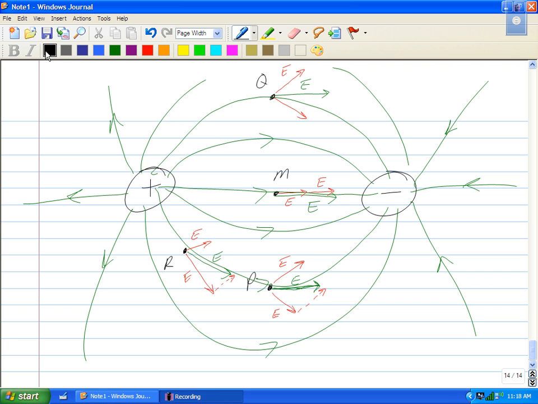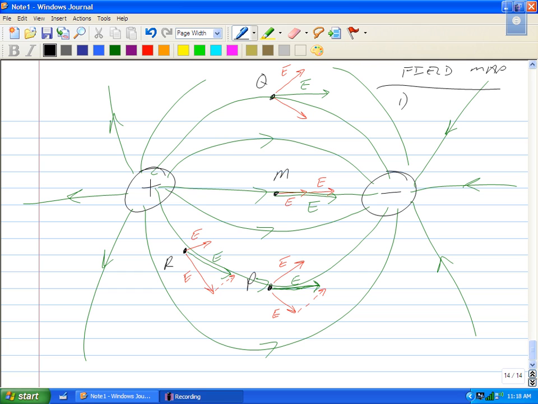Now notice, what we've just drawn is what we call an electric field map. It's showing the fields created by these charges. And you need to know 4 conventions for drawing field lines.